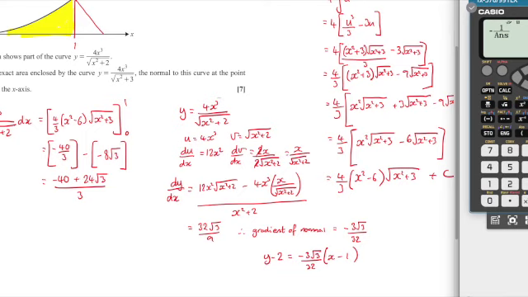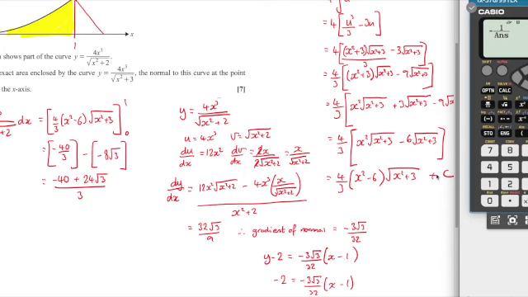We want to find an x coordinate when y is 0. So I've got minus 2 is minus 3 root 3 over 32 times x minus 1.